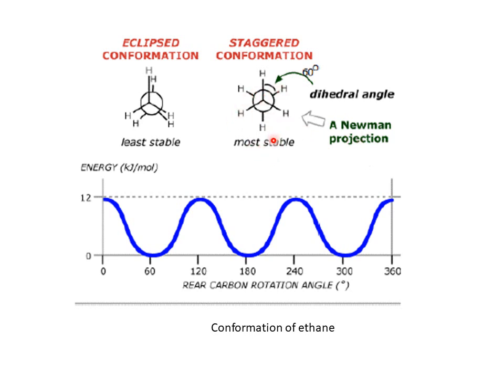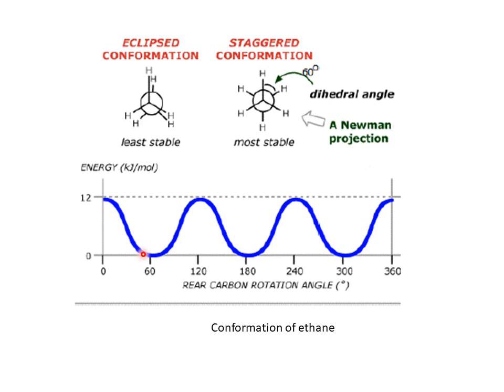If you have an ethane sample, we can only say that the staggered conformation is more populated than the eclipsed conformation, because the energy is less for the staggered conformation, whereas the energy of the eclipsed conformation is about 12 kilojoules per mole higher.